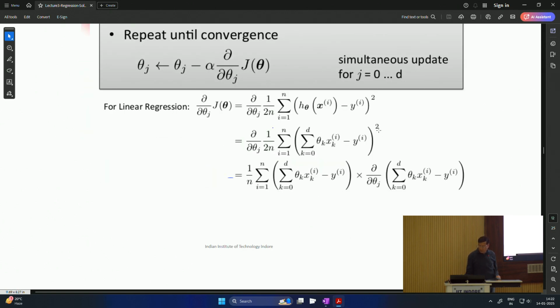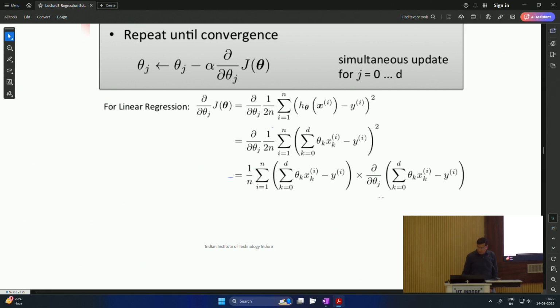Everybody with me? This term came in front, and I have to take the derivative of the inside term. Yes or no? Correct? What's the derivative of the inside term? xj. Everybody agrees?